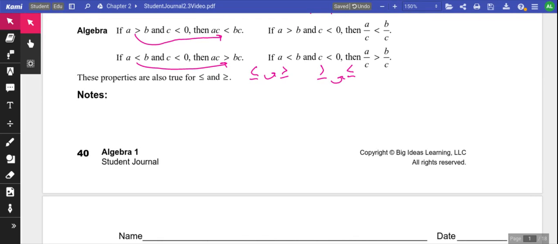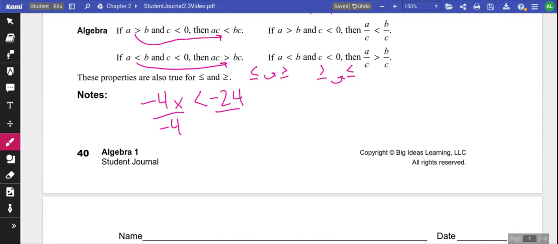First off, I've got negative 4x is less than negative 24. I'm multiplying by negative 4, so to undo that, I want to divide by negative 4. Before I do any of my math, I want to remember I am flipping my sign. So instead of drawing a less than sign, I'm going to draw a greater than sign.